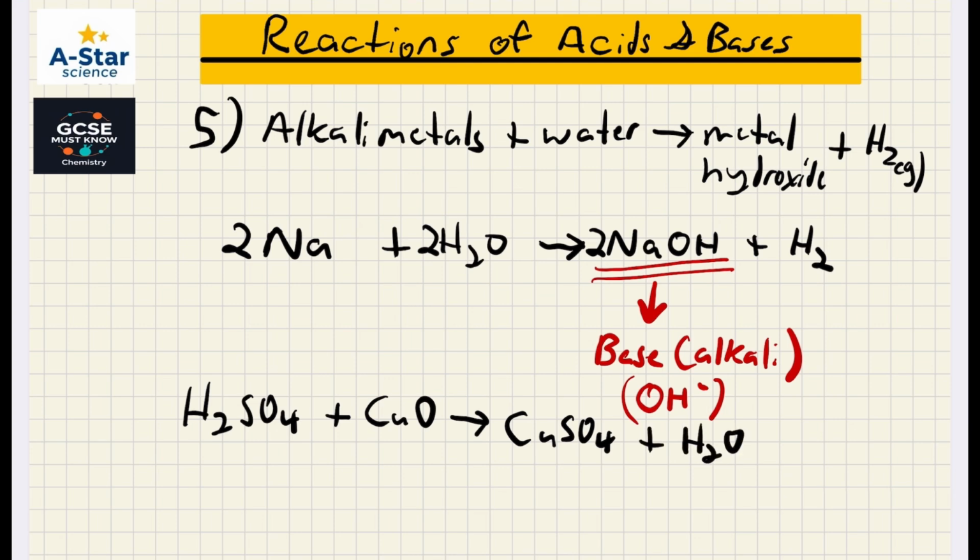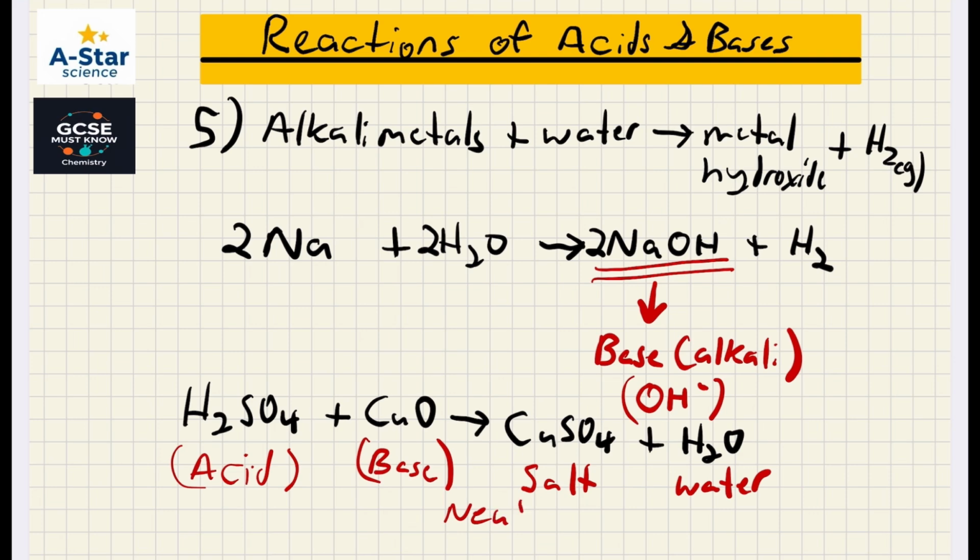Why? Well, as we said earlier, an acid plus a base, metal oxide's a base, yields a salt plus water. And this again is a form of a neutralization reaction.